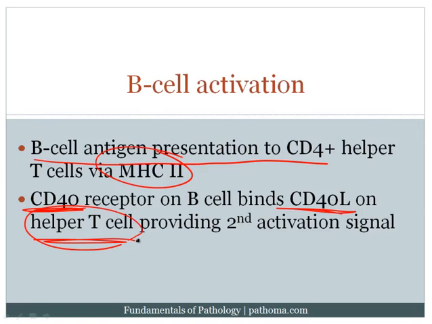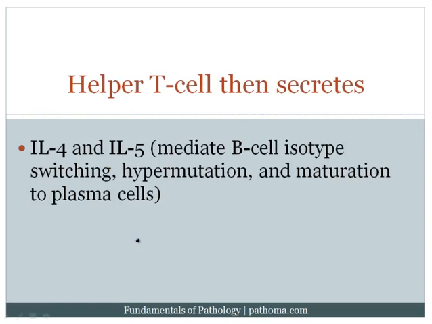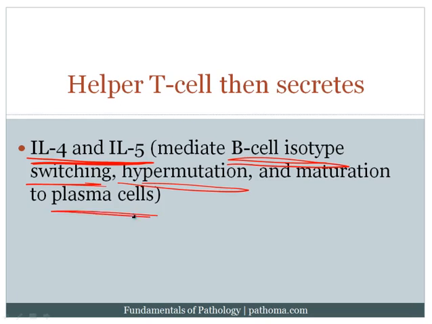And of course, activation of the helper T cell is going to result in what? It's going to result in production of IL-4 and IL-5, and that's going to allow for B cells to isotype switch, undergo hypermutation, and mature to plasma cells, so that these B cells will now be able to secrete IgE, IgG, IgA, because remember, the B cell starts as secreting IgM or IgD.